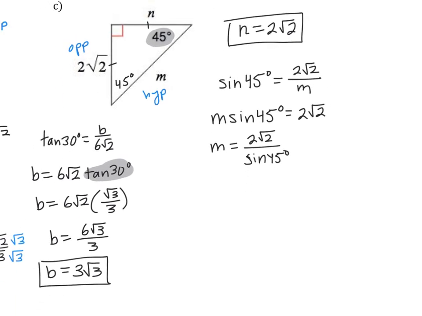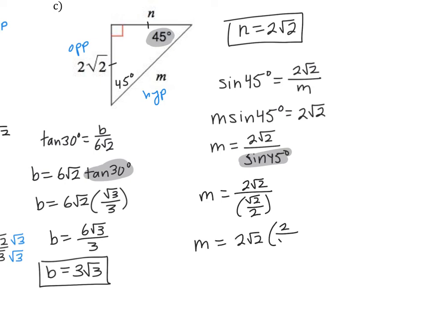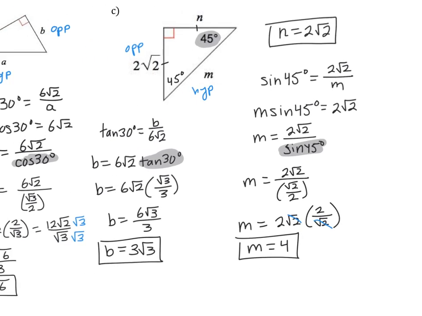From here, we know that the sine of 45 degrees is equal to root 2 over 2. So we're going to multiply by the reciprocal. So 2 root 2 times 2 over root 2. This cancels out with this, and we get m equals 2 times 2, which is 4.